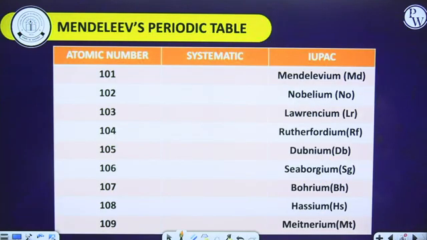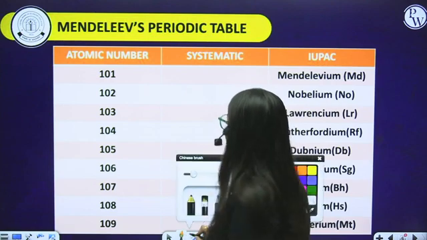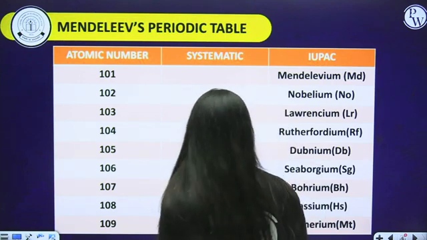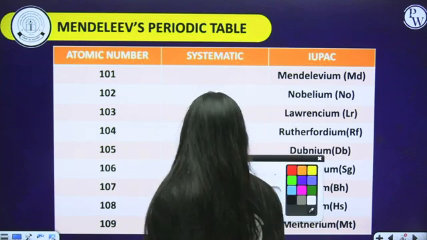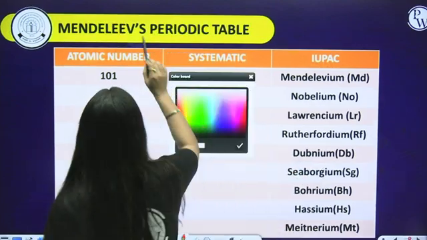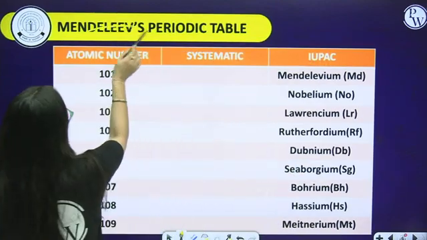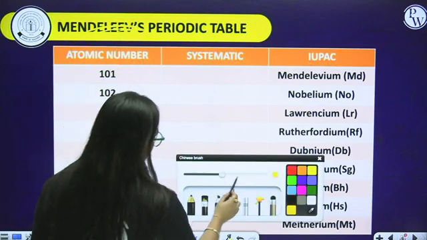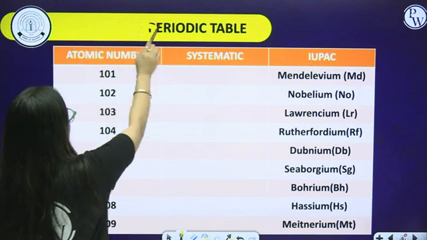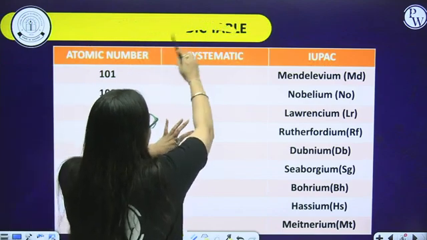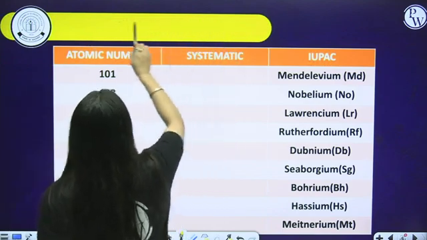Okay, students, so now comes the nomenclature over here. Let me correct the heading over here. It's by chance written as Mendeleev's periodic table, so let me initially correct it. Everybody write down the names that you have just done with the help of digits over here in this column. Then I am going to write along with you.